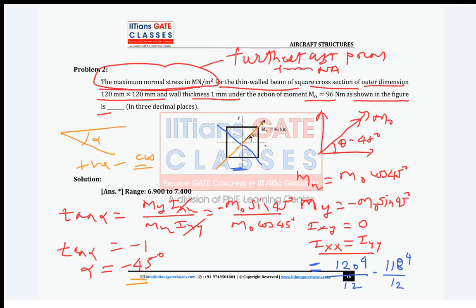So 1.123518 into 10 to the power 6 we can write, right? 10 to the power 6 mm power 4.